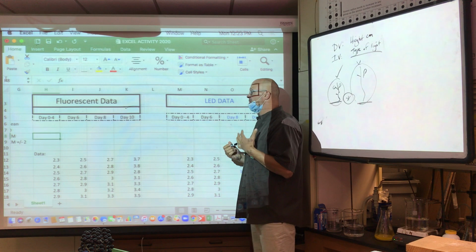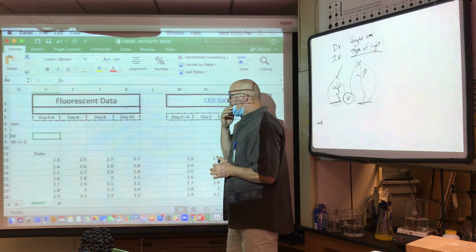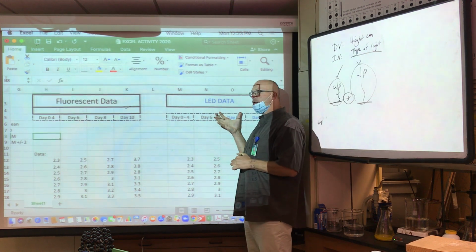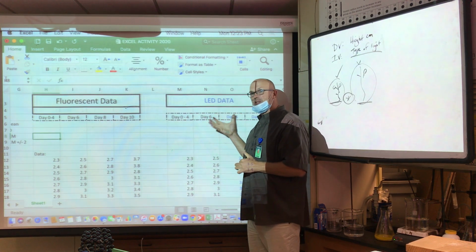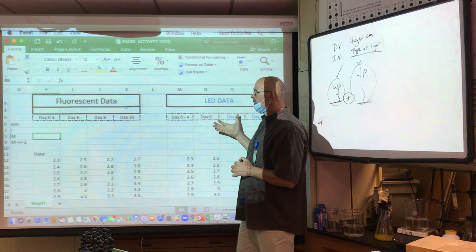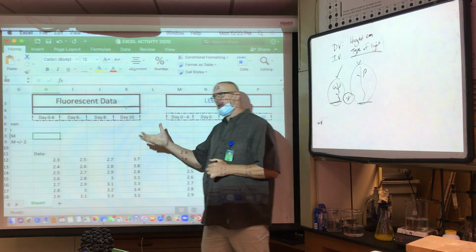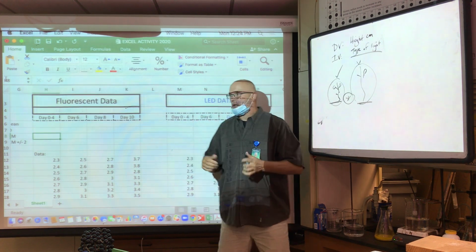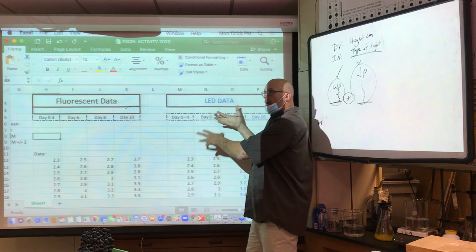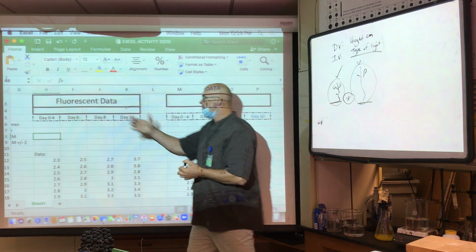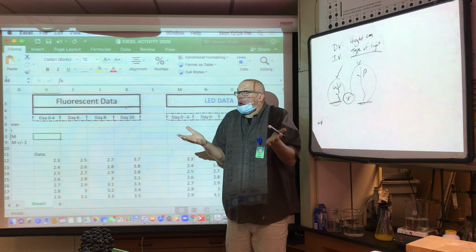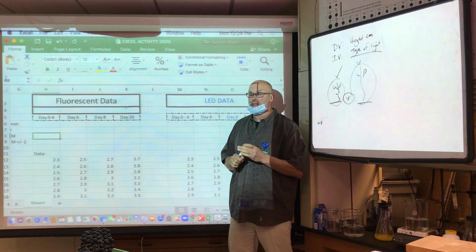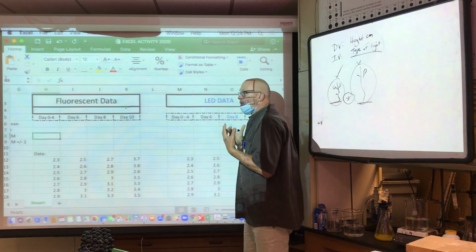So for me, maybe I would say, if the fast plants were grown under a red-blue LED light, there'll be no statistical difference between them and the same fast plants grown in the fluorescent light. You could say, if the fast plants are grown in a red-blue LED light, they will grow taller than in the fluorescent light. Both are correct. There's no wrong way. We're just making a line in the sand of how we're going to test this. For me, I'm thinking there'll be no difference.